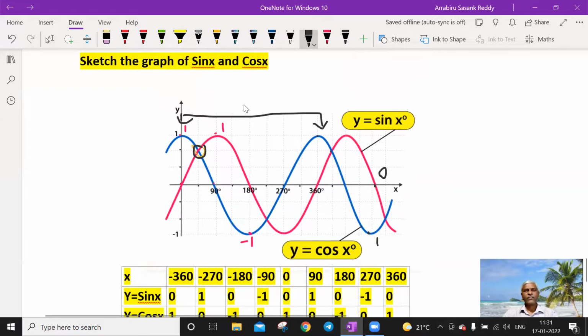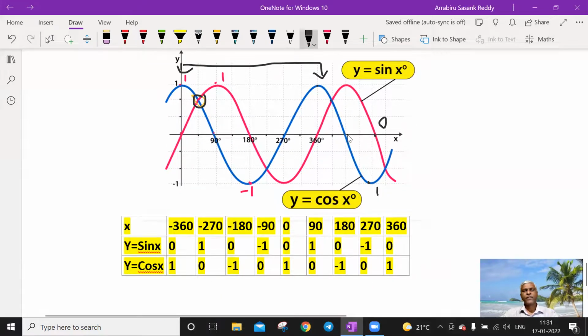The period of cos is 360, and for sine also, from 90 to again this point, which is 450.